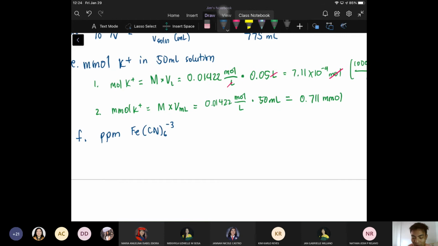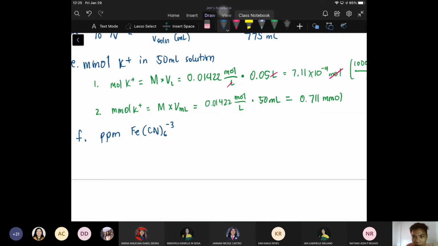Okay, so let's have ppm of FeCN6 negative 3. Okay, what is ppm? That is a concentration unit, di ba? So, that means kung aalamin natin yung ppm ng FeCN6, dapat may idea tayo gano'ng karaming FeCN6 meron sa solution. Okay?